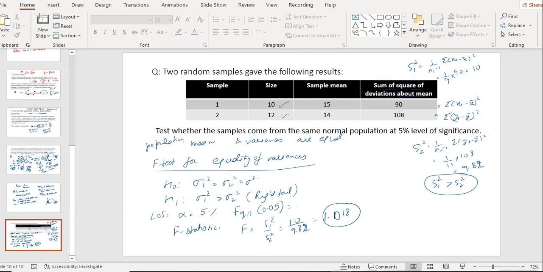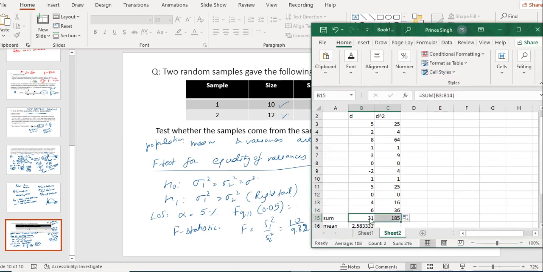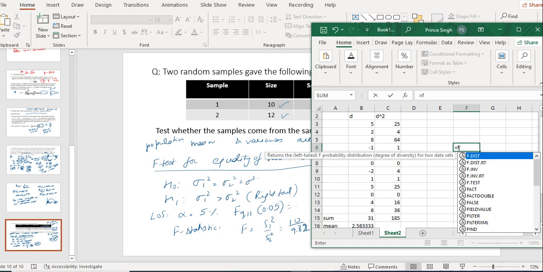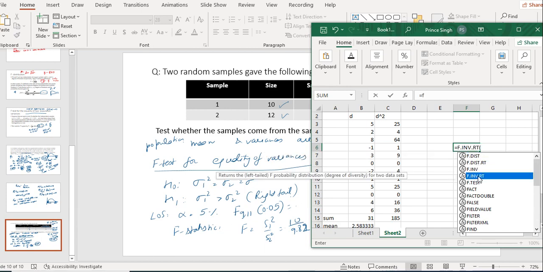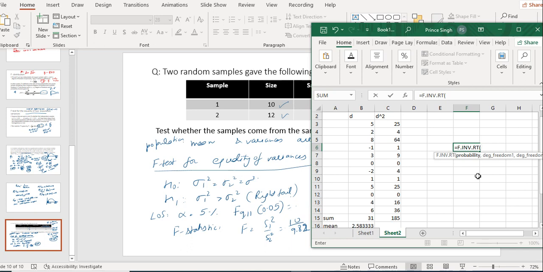Either we can refer to the F table, or because in this case the value is not given, we can also check its value with the help of Excel. In Excel, we can use the command F distribution right tail inverse, because the probability is 0.05 and the degrees of freedom are 9 and 11.